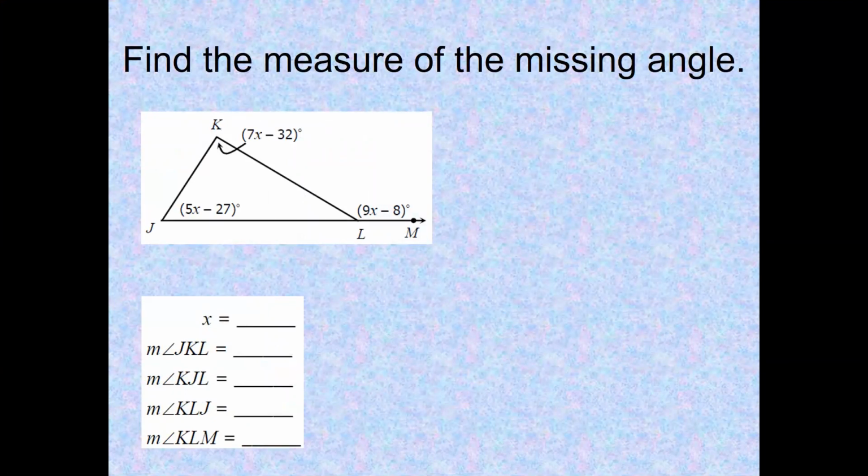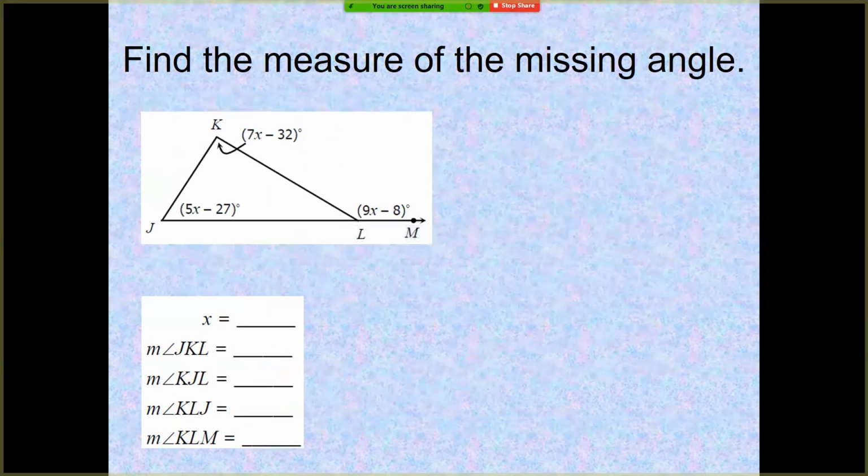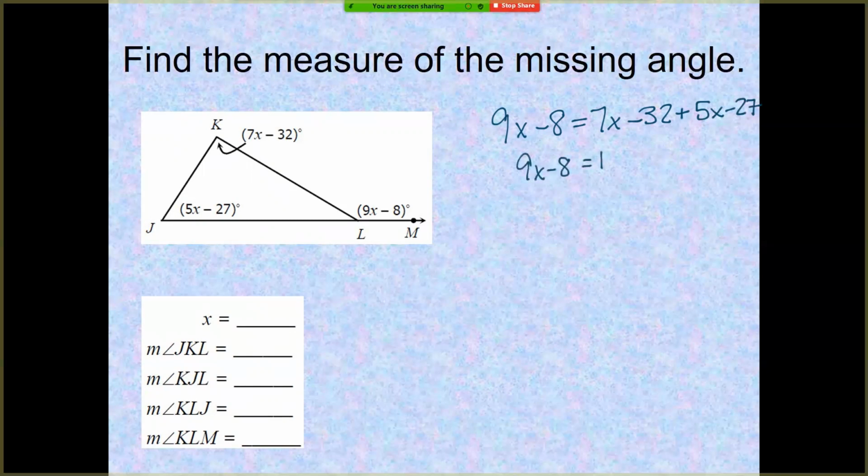The next one is very, very similar, so we're just going to run through it real quick. Your outside angle, 9x minus 8, has to equal 7x minus 32 plus 5x minus 27. Combine your like terms. So 12x minus 59.